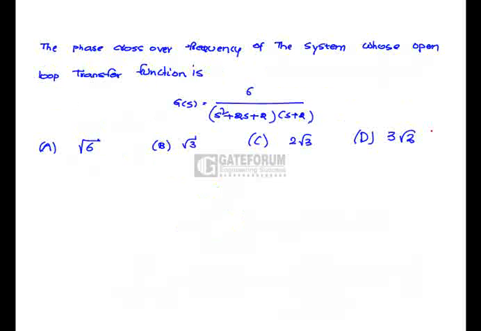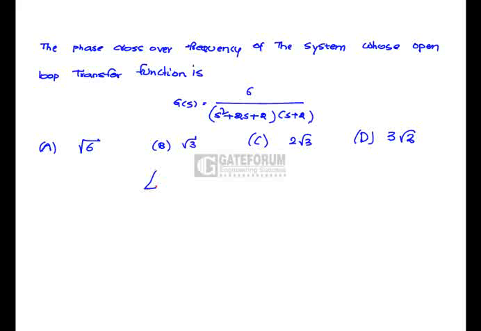Crossover frequency of a system whose open loop transfer function is given. Before we calculate the phase crossover frequency, we have to know what the phase crossover frequency is. Phase crossover frequency is the frequency at which the phase reaches minus 180 degrees.